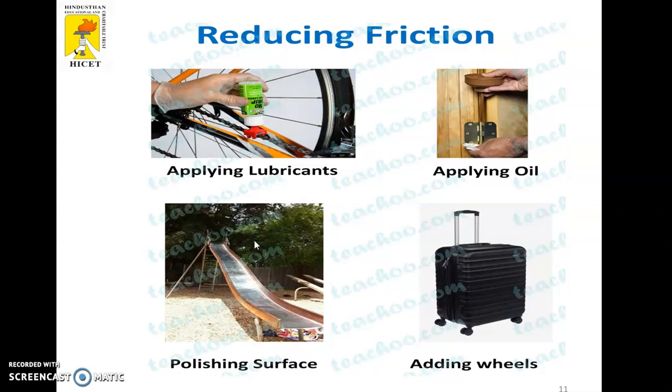Similarly, where a surface is sometimes very rough, you have to do some polishing. Next, this suitcase has wheels added to reduce the friction on the bottom side. These are all the processes for reducing and rectifying friction.